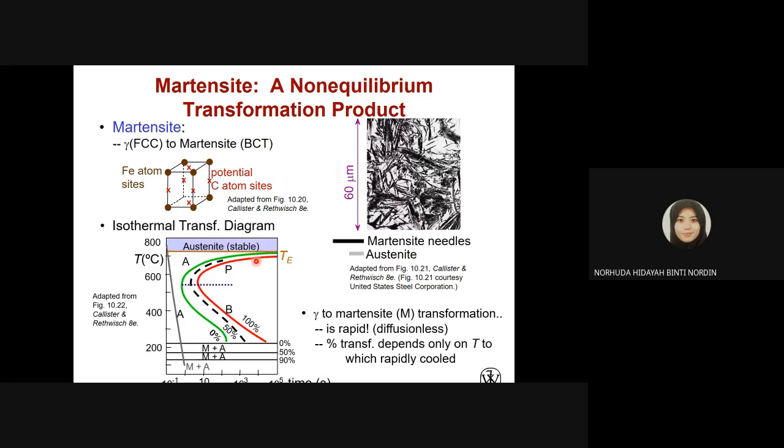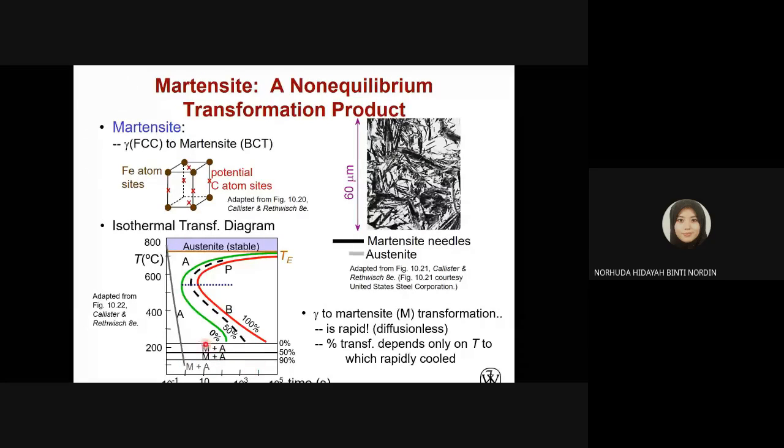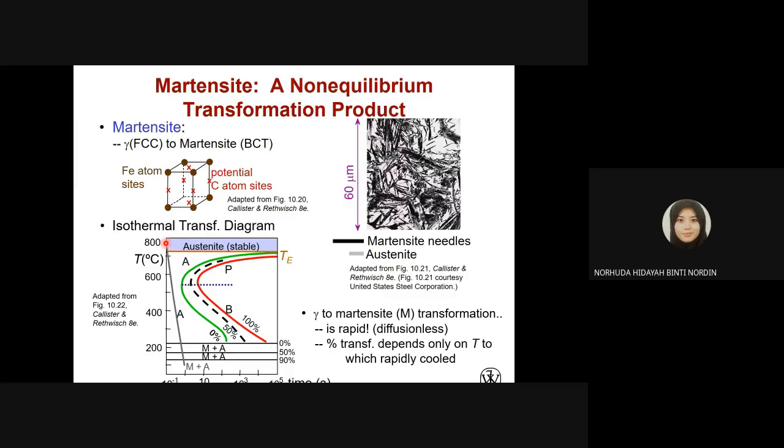According to the TTT diagram, martensite is in this region. If you want to get martensite, you have to cool the steel very, very fast, rapidly, from 727 to 200.